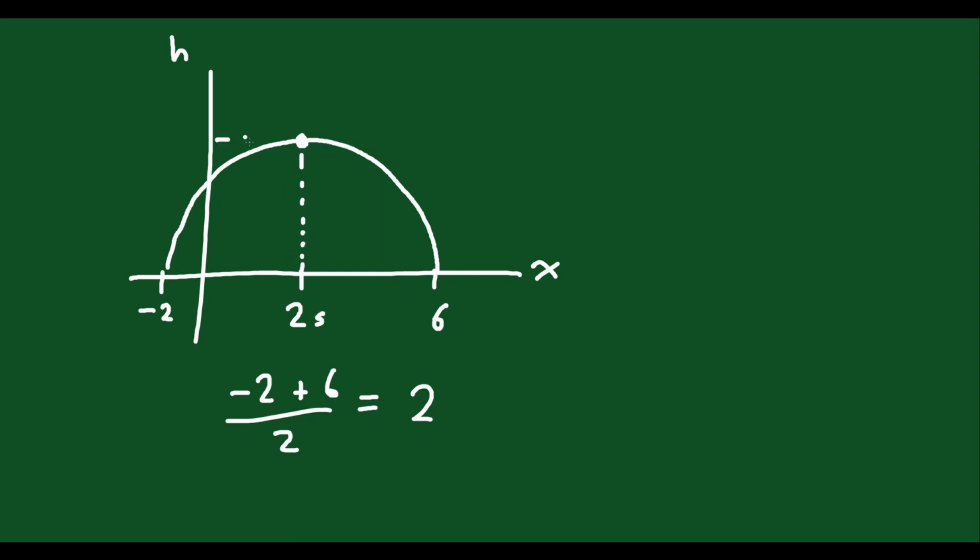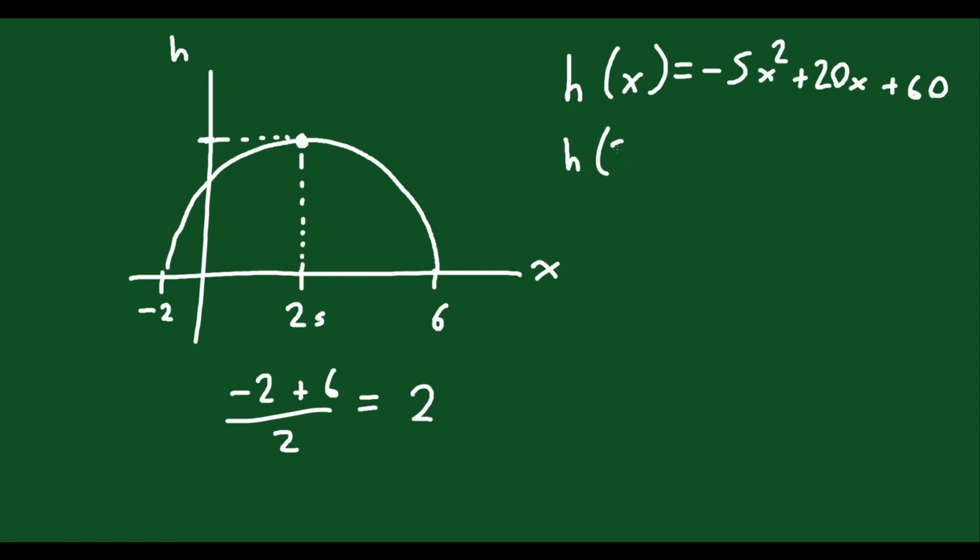To figure out what the peak is, what the maximum height is, you can just plug that 2 seconds into your equation, right? So the equation h of x is equal to negative 5x squared plus 20x plus 60. We just plug in 2. So find the height at 2 seconds. So negative 5 times 2 squared plus 20 times 2 plus 60.